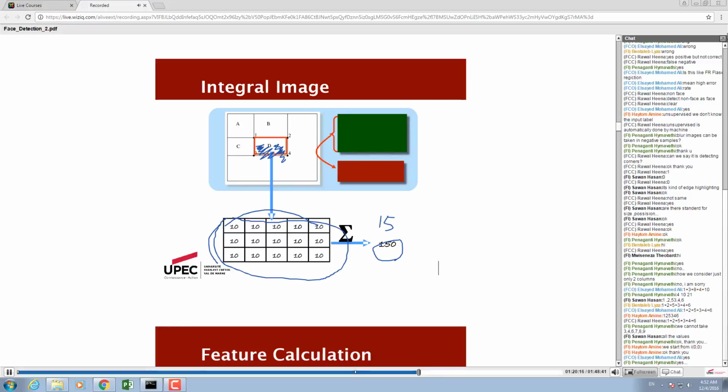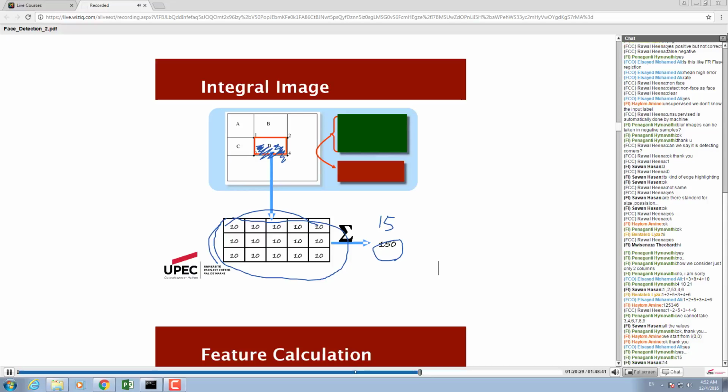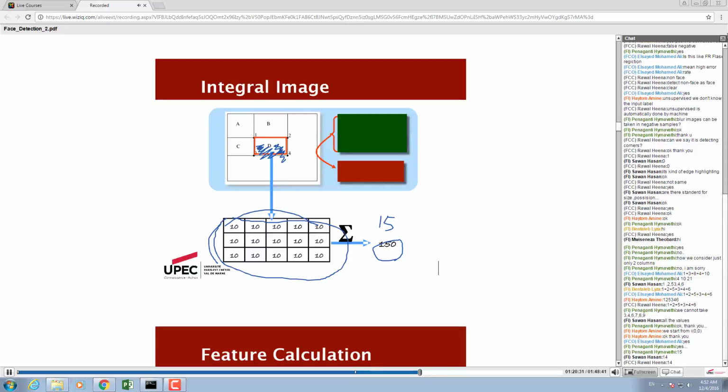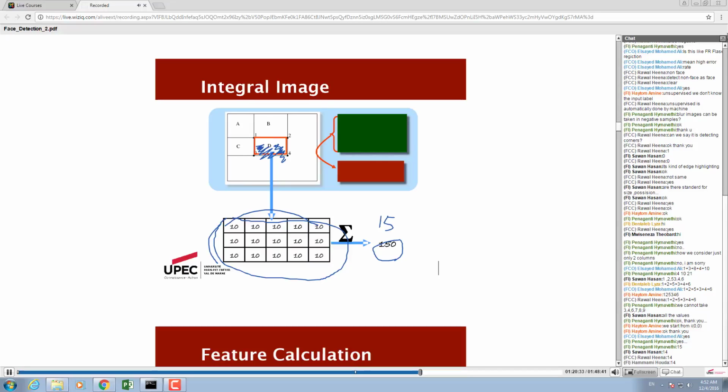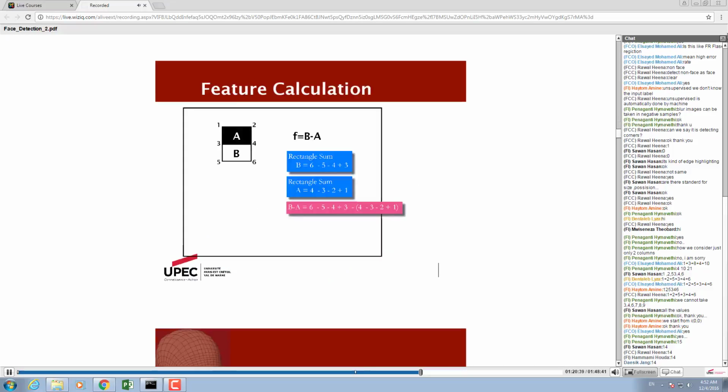So the sum of this region becomes 150. To generate this number, how many additions do you need to do? We have 15 pixels in the region, so in terms of addition operations, 14. Yes, 14. Good.